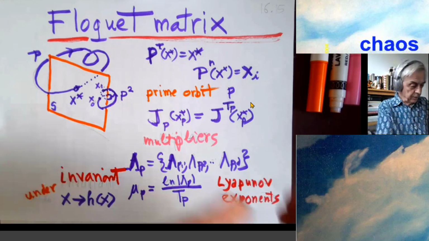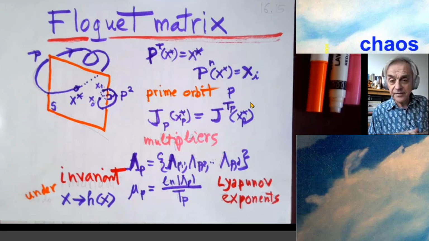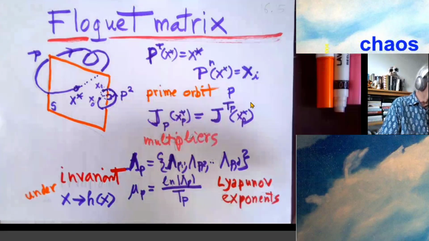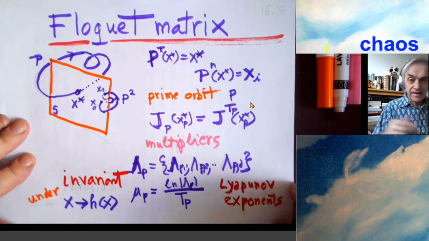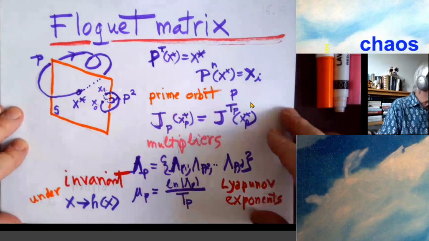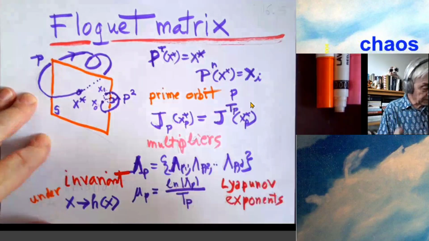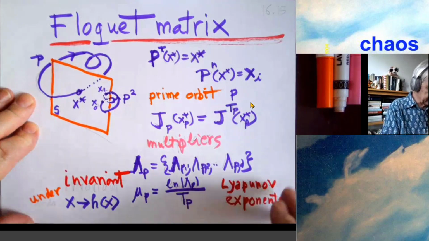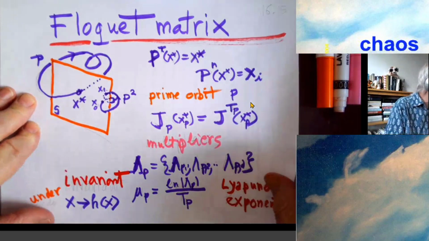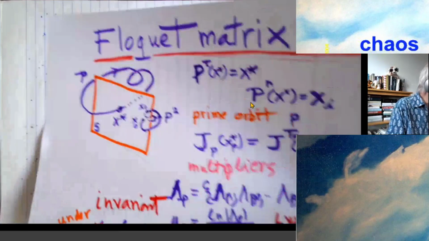So I beg you, go through this kind of analysis, get intrinsic things that we can all agree on that are beyond anybody's taste or discussion. They're like masses of protons, electrons, mesons. And in nonlinear dynamics, they are called exponents, multipliers, Floquet multipliers, and sometimes Lyapunov exponents. And if we can agree on those, we can do very well.